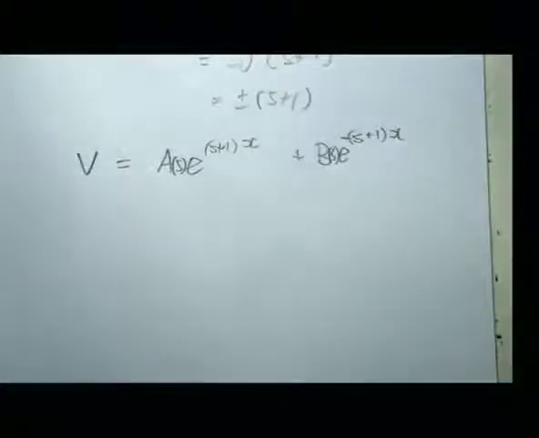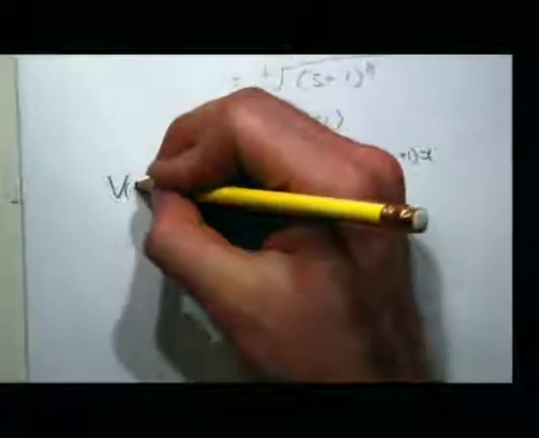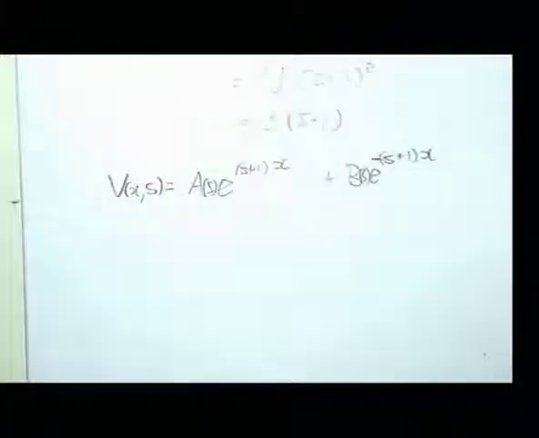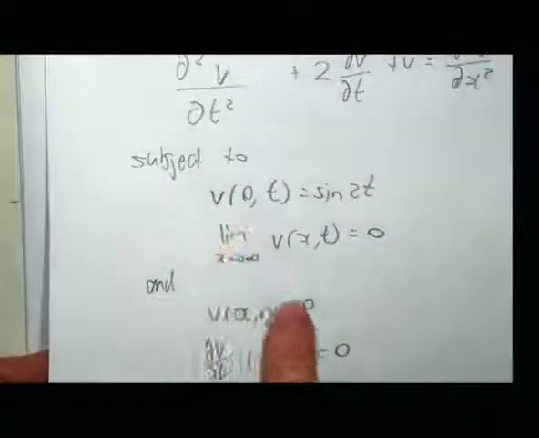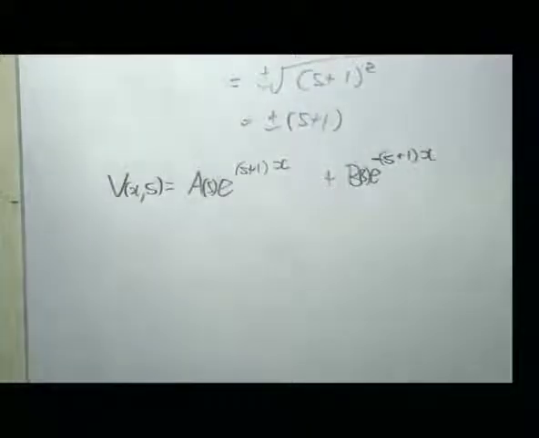So boundary conditions. So we've used the initial conditions, which were these ones. And the boundary conditions are these ones. So technically this is V of x, s. Now, presumably I should be Laplace transforming these boundary conditions so that I can use them here. I don't know. That sounds reasonable to me.